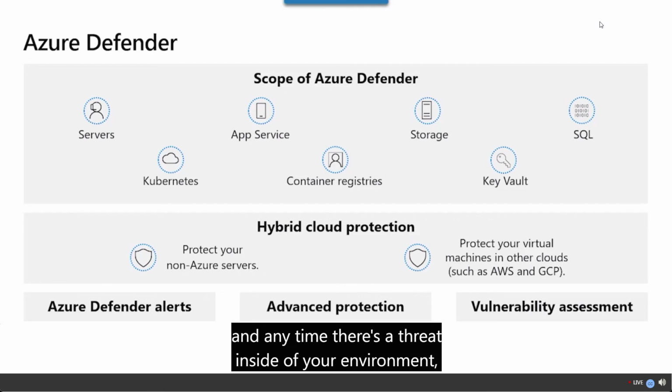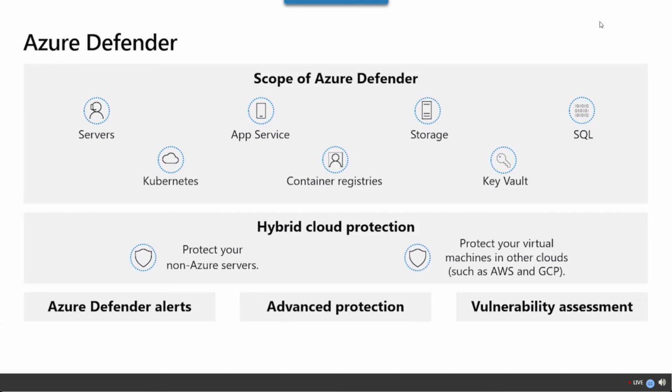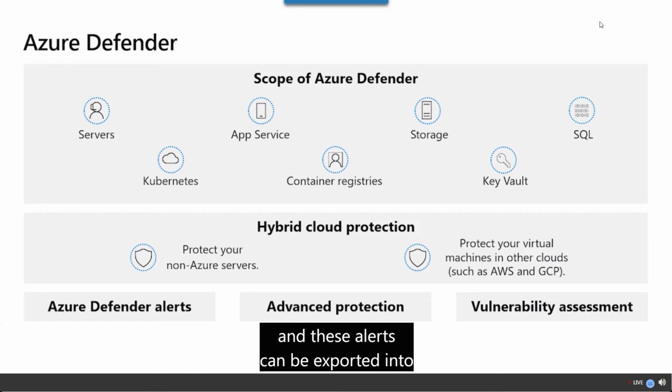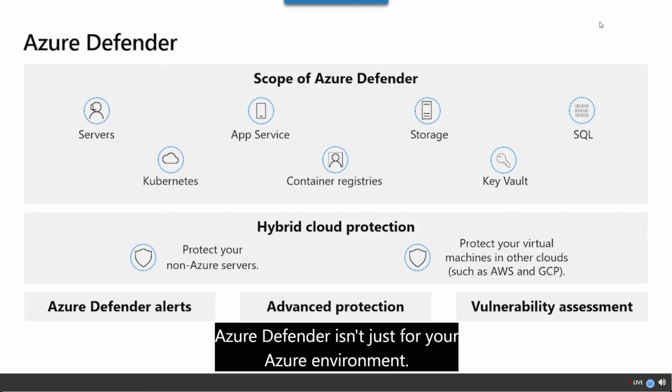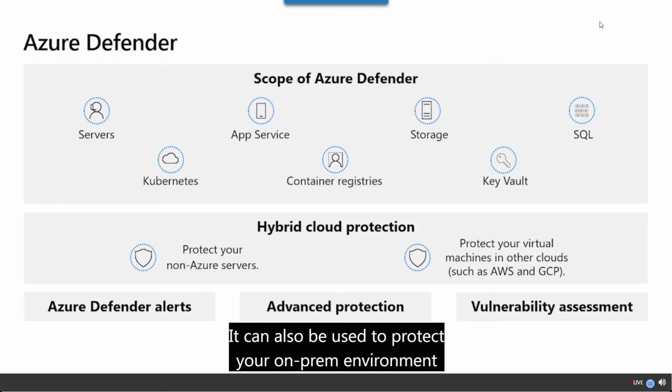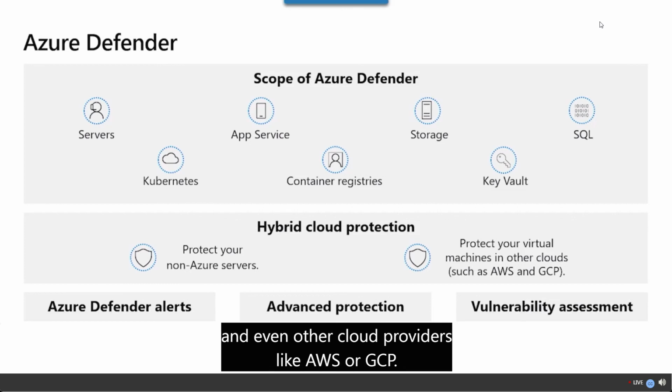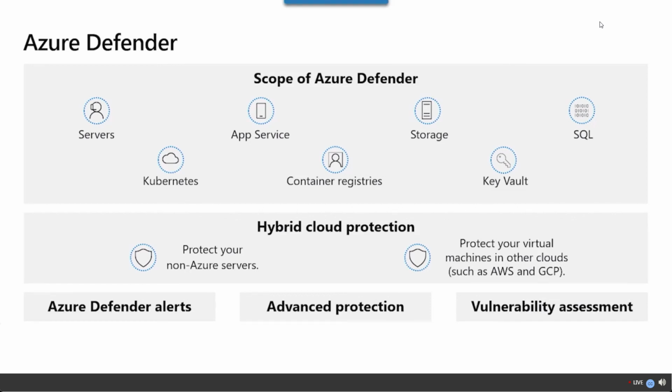And anytime there's a threat inside of your environment, you're going to get an alert with suggested steps on how to remediate this threat. And these alerts can be exported into Azure Sentinel. And we're going to look at that in the next section. But here's the thing. Azure Defender isn't just for your Azure environment. It can also be used to protect your on-prem environment and even other cloud providers like AWS or GCP.